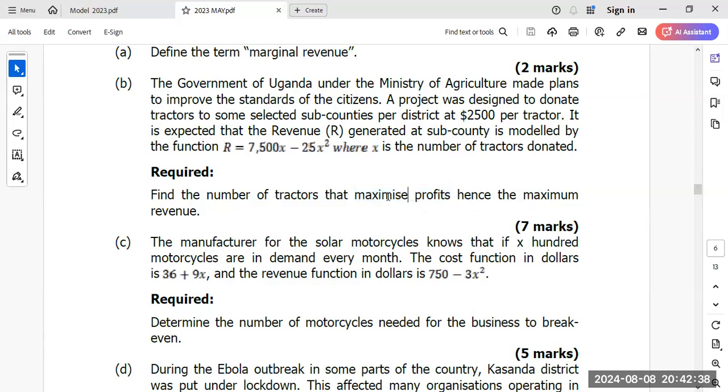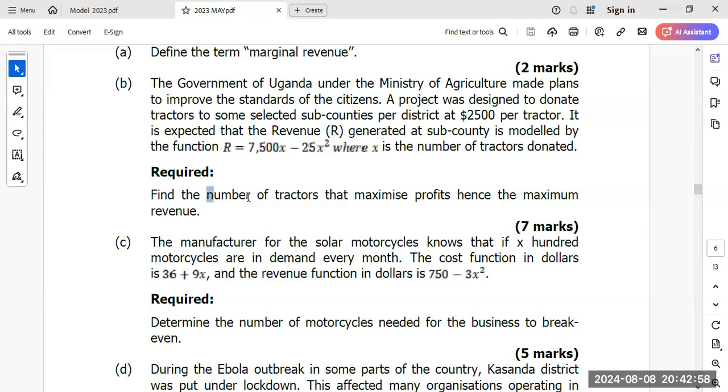Always read them. They can say that maximizes revenue. If they say that maximizes revenue, you will be differentiating the total revenue function. If they say that maximizes profit, you will be differentiating your profit function.